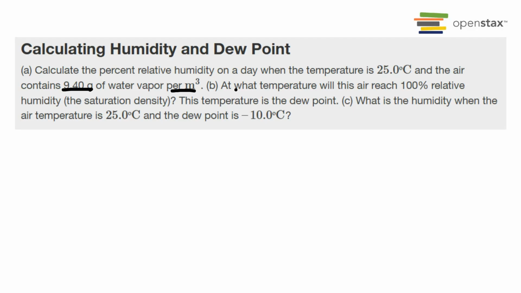Part B is, at what temperature will the air reach 100% relative humidity, the saturation density? This temperature is the dew point, so that's important. The dew point is where it's fully saturated, the air can't hold any more water, and it starts to form dew. What is the humidity when the temperature is 25 degrees Celsius and the dew point is negative 10 degrees Celsius? So how do we do this?